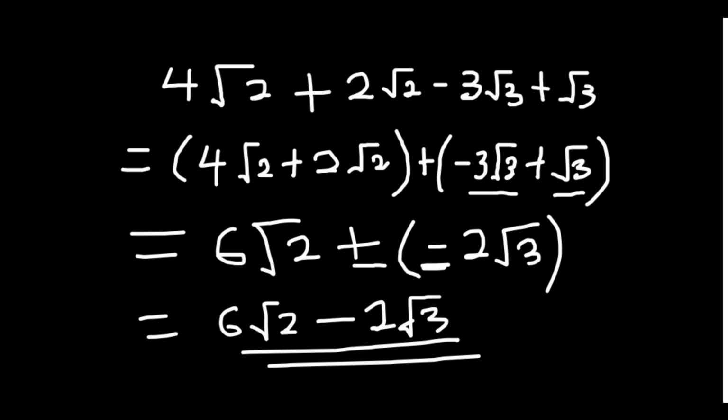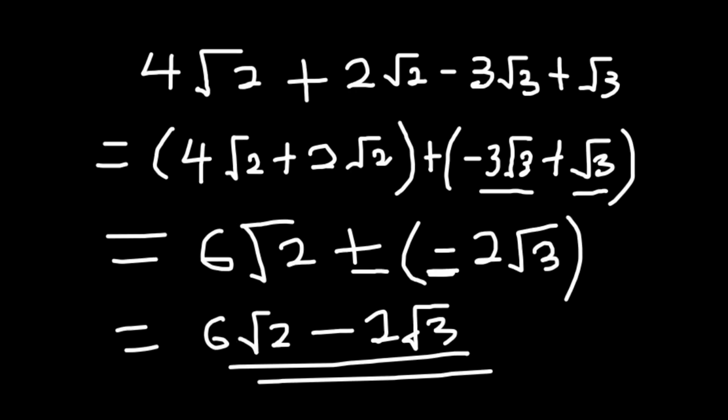So in summary, adding and subtracting square roots can be simplified by grouping like terms and then simplifying each group by adding or subtracting their coefficients. Here I will give you another example to look into.